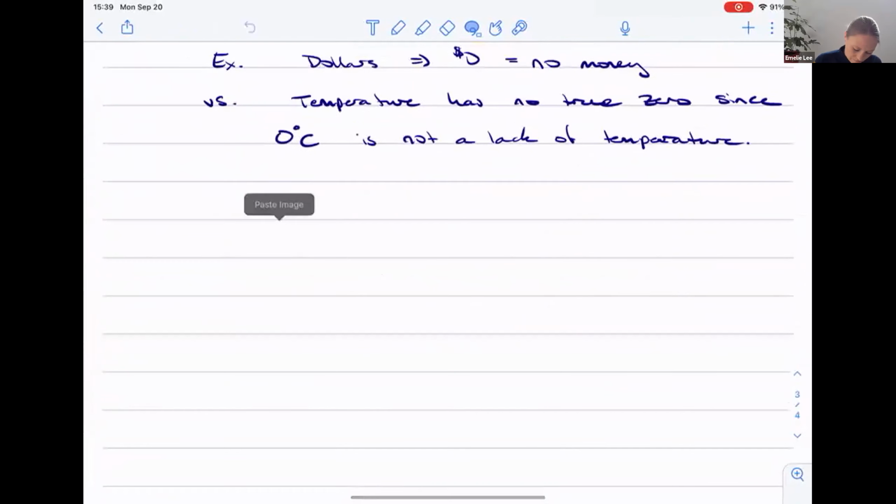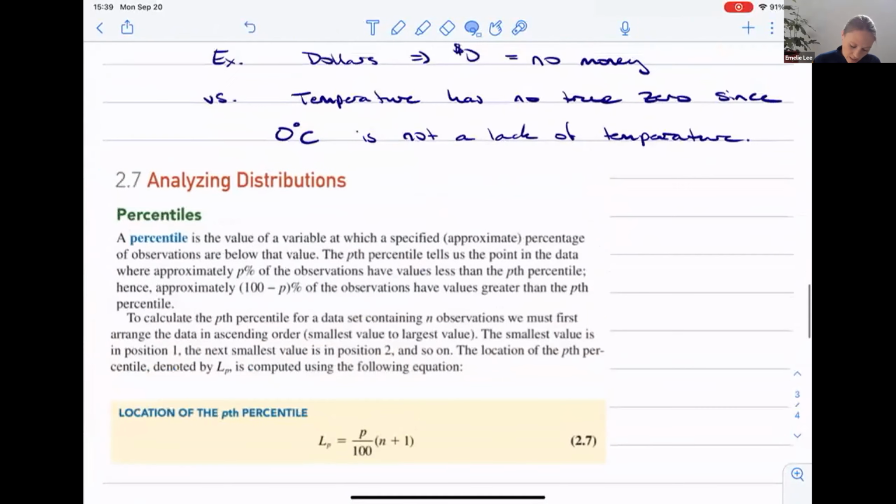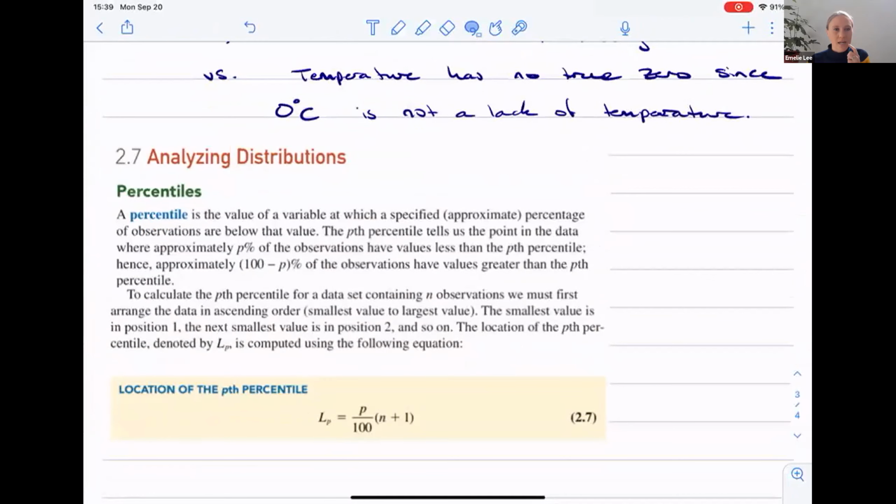A common measure that we have is percentiles, and you might have heard about percentiles with grades, for example, or your stock portfolio is in the top 10 percentile or the 90th percentile or whatever, right? And so percentiles, we use them often.